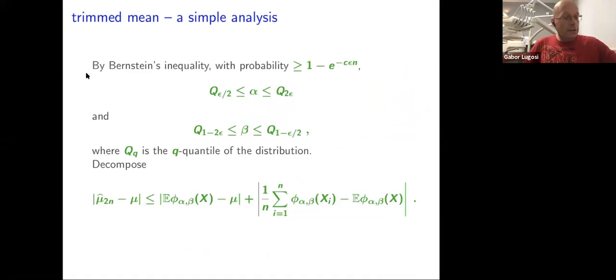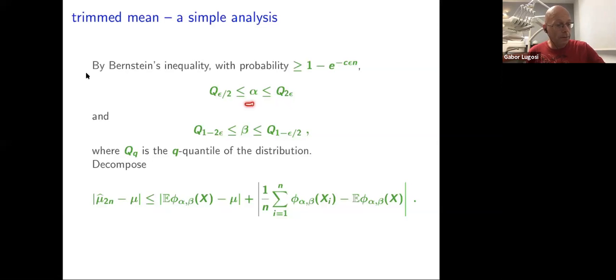First of all, by Bernstein's inequality, it's very easy to see that the empirical quantiles are correct up to a constant factor in this sense. The empirical quantile is between the epsilon over 2 true quantile and the 2 epsilon true quantile, where Q sub epsilon is the epsilon quantile of the distribution.